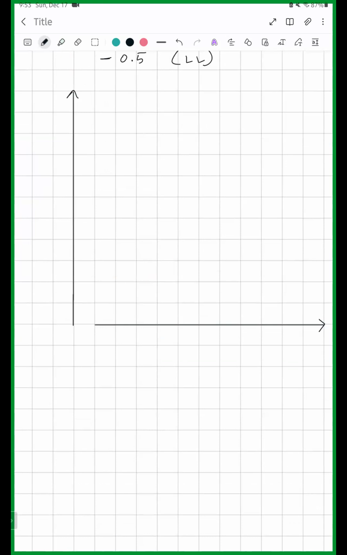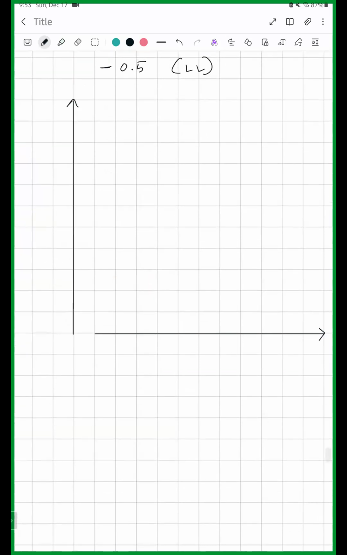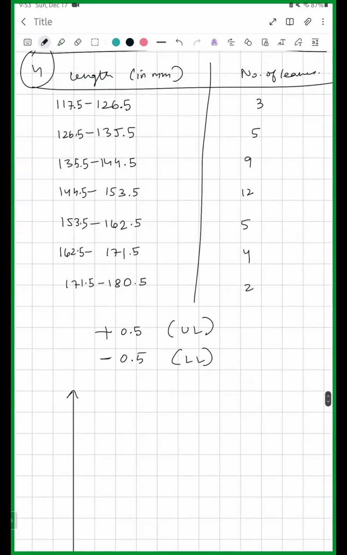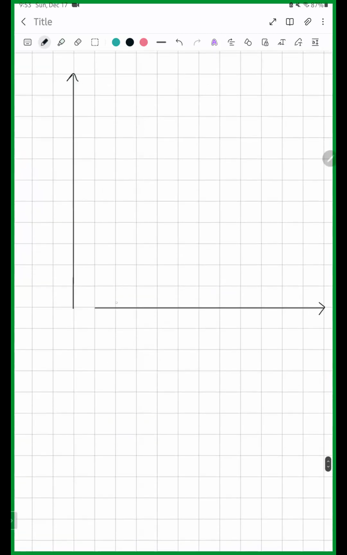So let's start writing what we had in our left column: 117.5. Leave some space over here, okay? I will tell you why. 117.5, then 126.5.